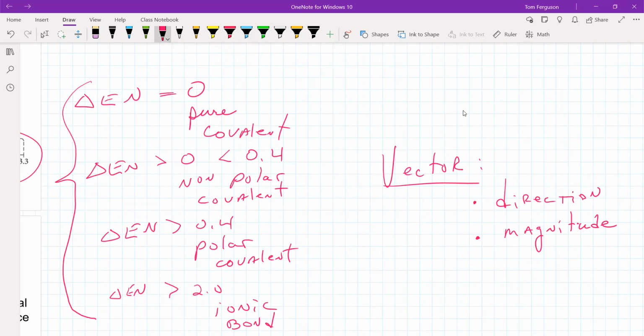If they're opposing, but the magnitude is not the same, it'll partially cancel the other one out. But the important thing is it's got direction besides quantity or magnitude. So when we get into determining whether a molecule has polarity or not, we have to look at all the little bonds that have a dipole in them. And do all those cancel out? Let me give you an example.